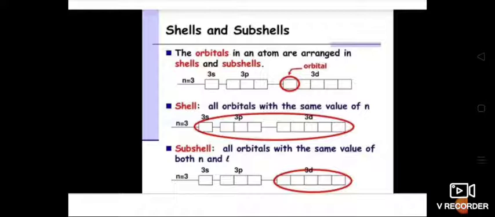Subshell is particular, either it is S or P or D. In that, D contains 5 orbitals, P contains 3 orbitals. Correct. So did you understand what are shells and subshells? Shell is the whole, subshell is the particular. In that, orbital is the small box.